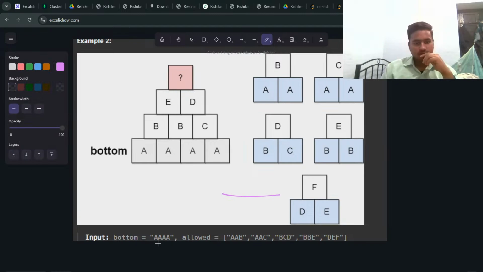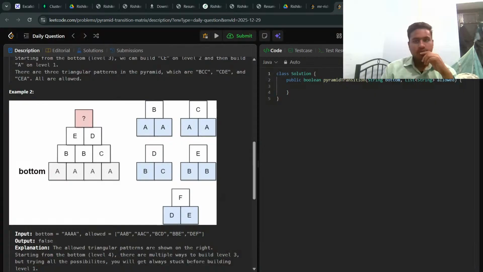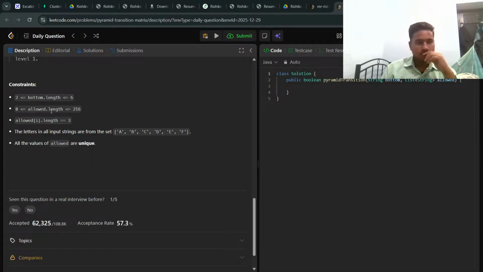Firstly, let's understand the constraints, because this is a very important thing. The allowed length is from 0 to 216, and each allowed string has length 3.